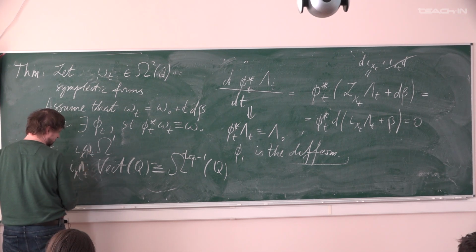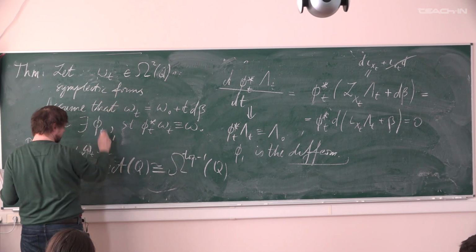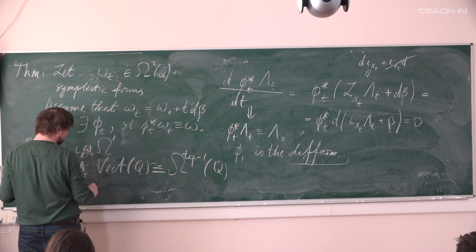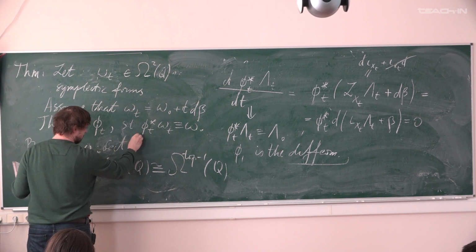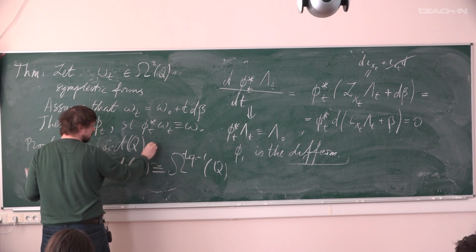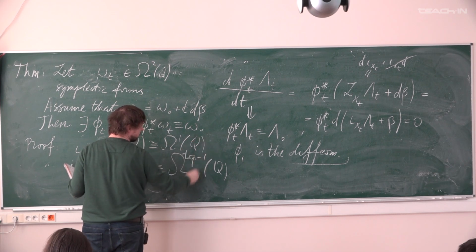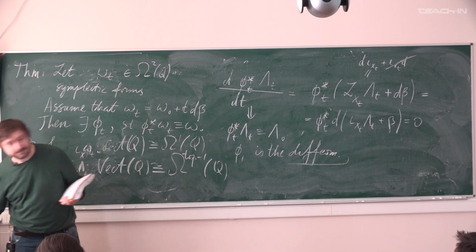And because this is symplectic, it will give us an isomorphism between vector fields on Q and differential 1 forms on Q. Right? Again, the same trick.